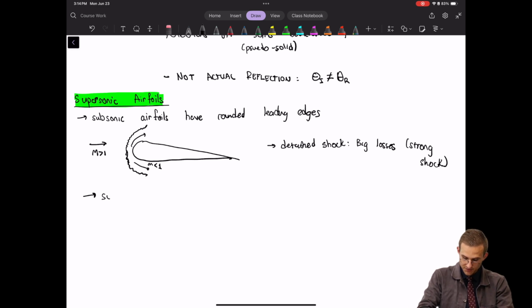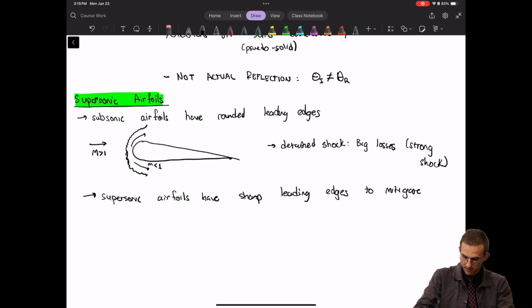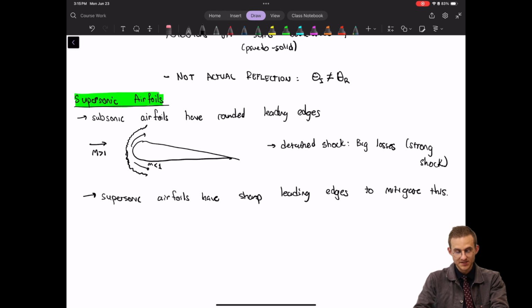So supersonic airfoils have sharp leading edges to mitigate this shock detachment issue.